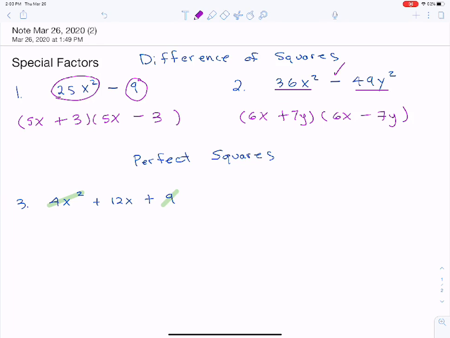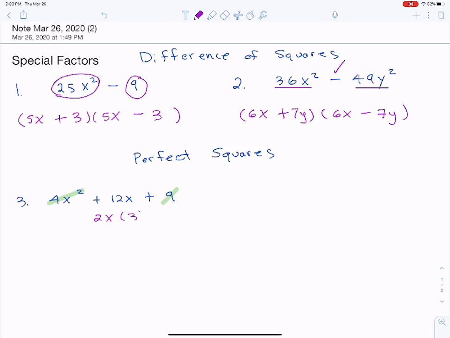you take the square root of the first. So I'm going to take the square root of 4x squared, which is 2x. I'm going to multiply that by the square root of the second. So the square root of 9 is 3. Then I'm going to take this whole thing and multiply it by 2. Always multiply by 2. If this product equals this middle term, you have a perfect square.